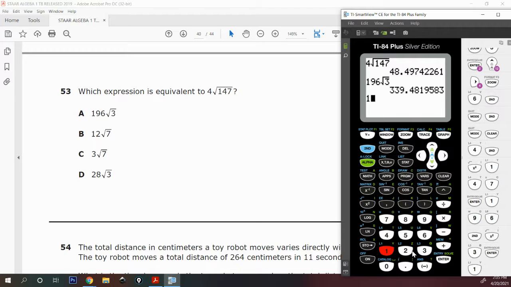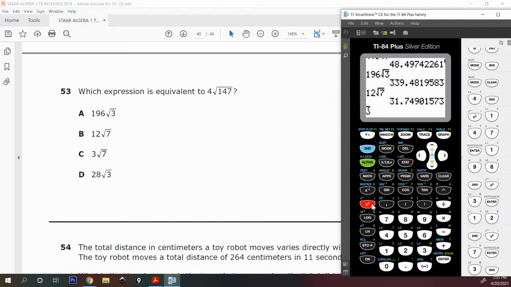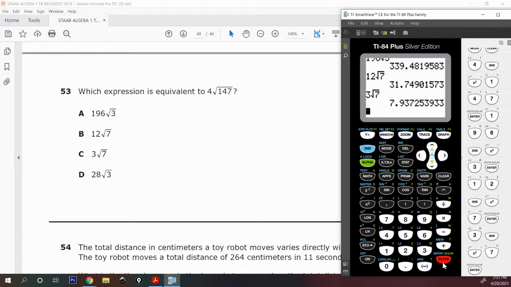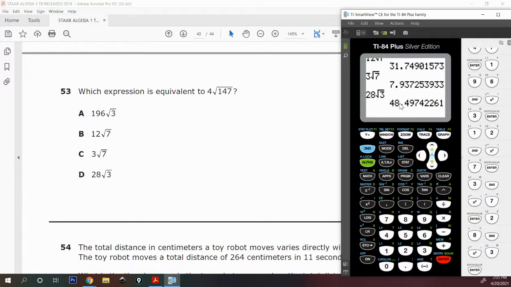Definitely not the same. 12 square root of 7. Definitely not the same. 3 square root of 7. Definitely not the same. 28 square root of 3. There we go. 48 and so on. D is my correct answer.